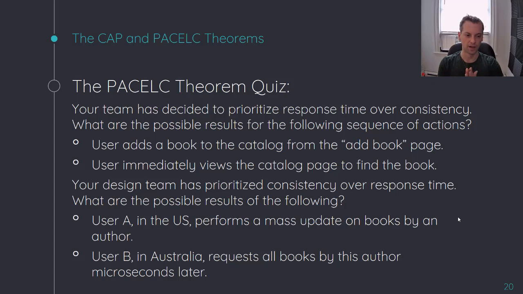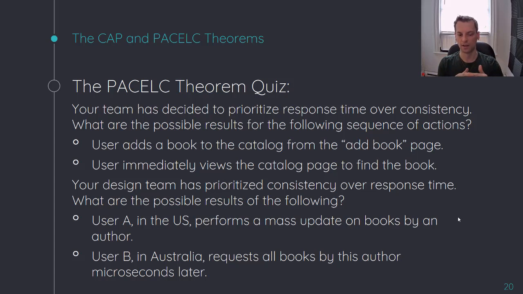Okay, second question. Your design team has prioritized consistency over response time. What are the possible results of the following? User A in the US performs a mass update on books by an author. User B in Australia requests all books by this author microseconds later.